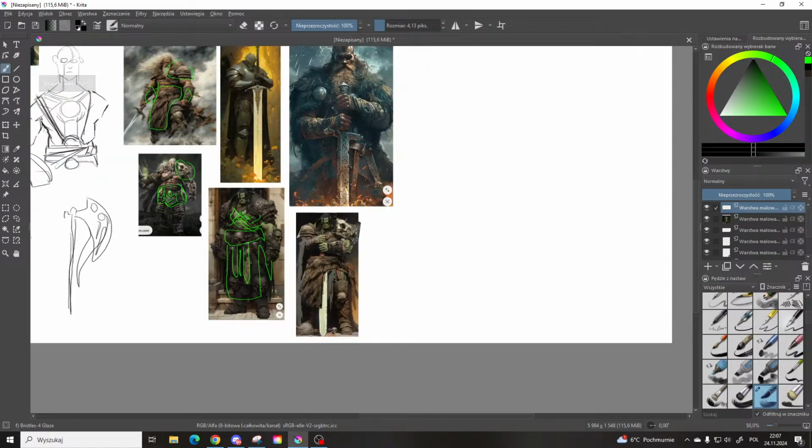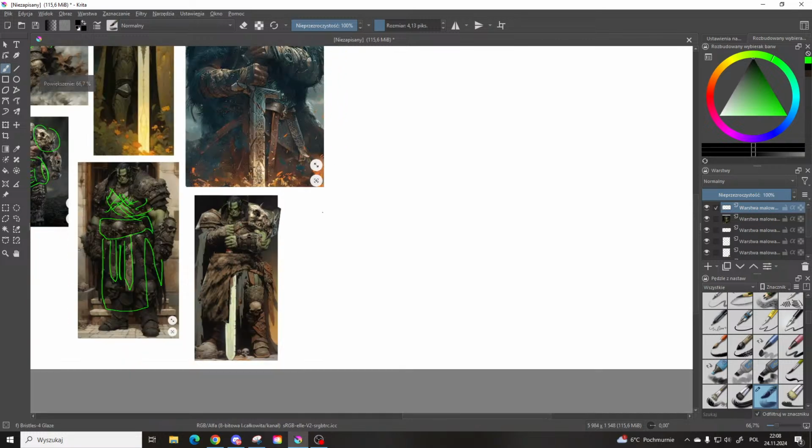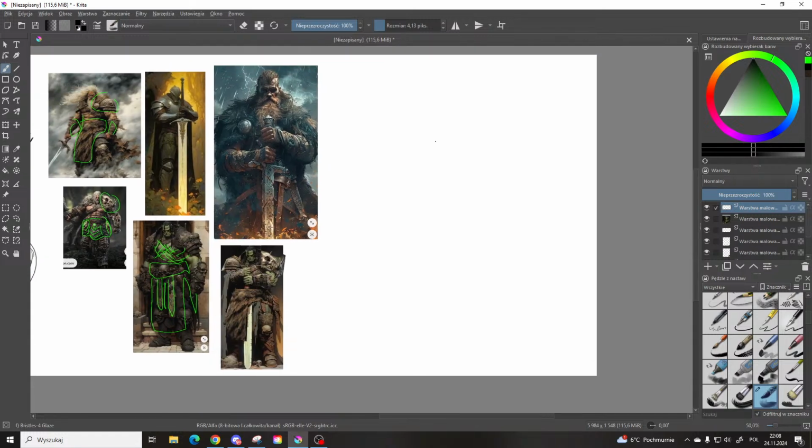I think I probably would still be able to find a pose for the guy holding a sword like this, but maybe it will be faster to draw a super quick sketch of the guy.